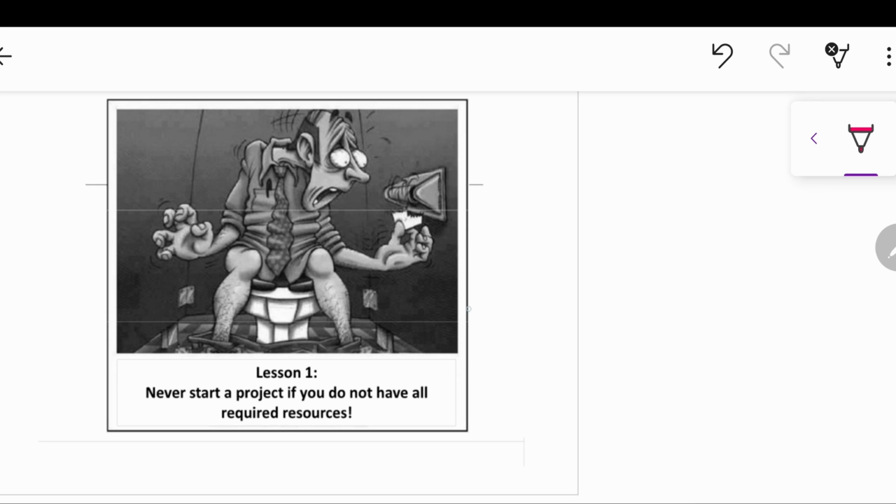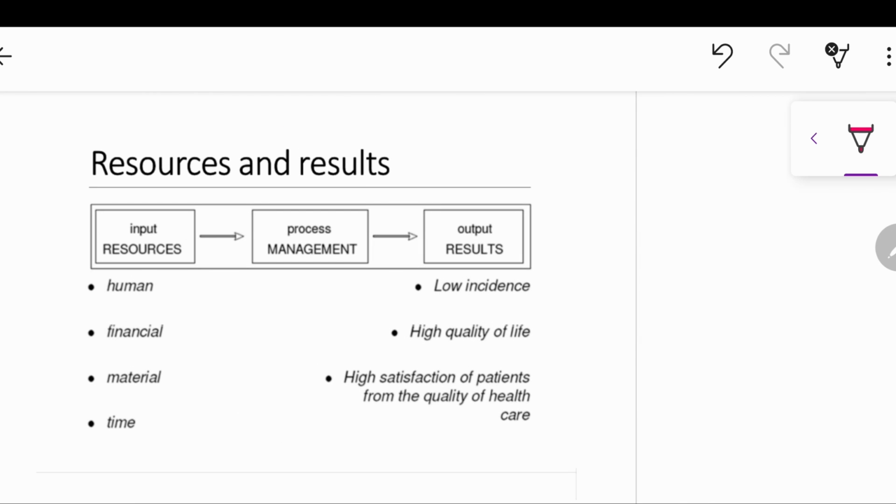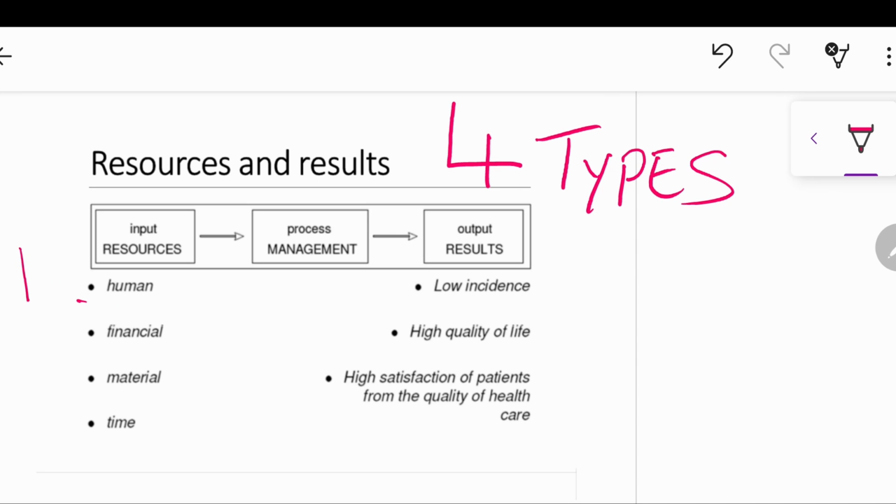Make sure when you start a project you have all the required resources. Now, what do these resources consist of? What are the four types of resources we have? We have human resource, financial resource, material resource, and time.